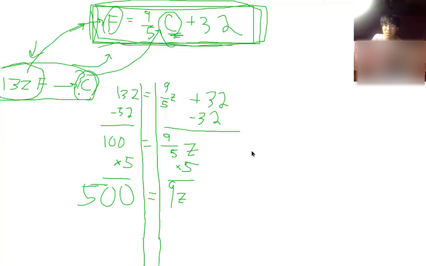Whenever a number is next to a letter or a variable, it's usually connected by multiplication. A tiny multiplication. So divide. Yeah, so you divide by 9 on both sides. And then since you have 9/9, you can just cross that out. Z by itself equals whatever 500/9 is. And you can just put that in your calculator or divide it yourself.